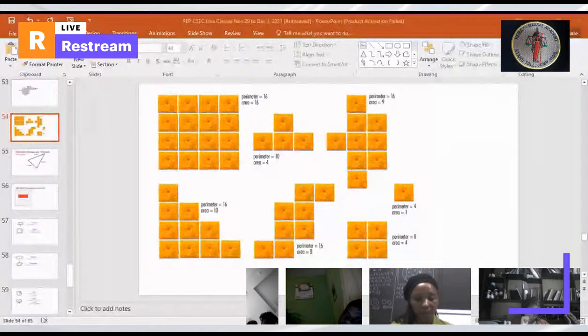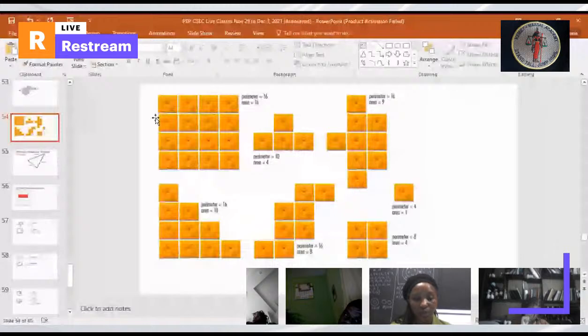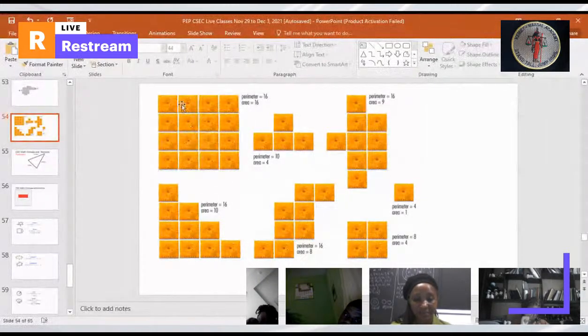So this is a square. We just count the units along the edge. Perimeter is along the edge. Perimeter is not concerned with the inside of the shape. For this one, you would have to go around that edge, that edge, that edge. So we just count the units all the way along the edge, whichever shape it has.